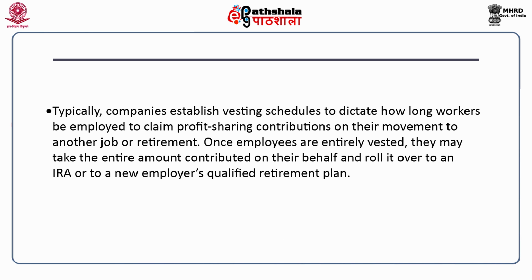Typically, companies establish vesting schedules to dictate how long workers must be employed to claim profit sharing contributions on their movement to another job or retirement. Once employees are entirely vested, they may take the entire amount contributed on their behalf and roll it over to an IRA or to a new employer's qualified retirement plan.